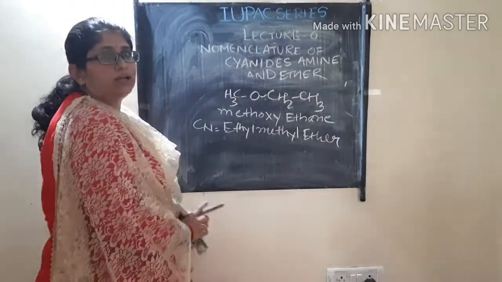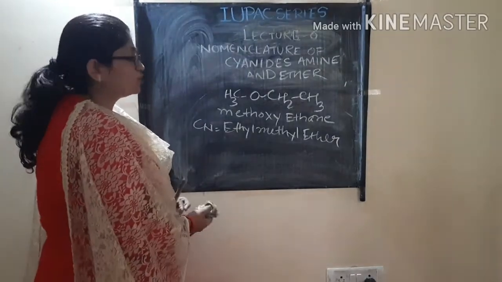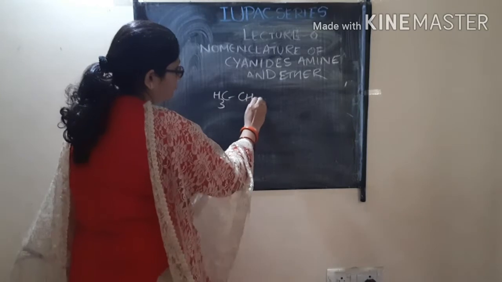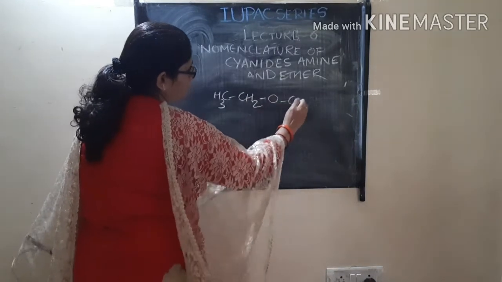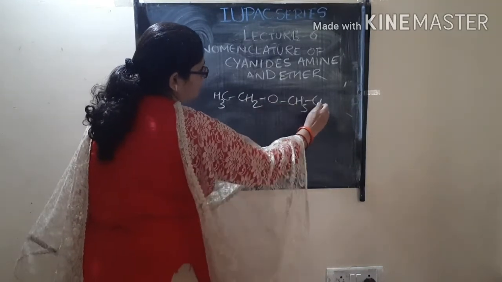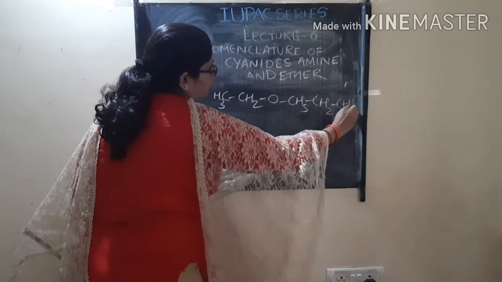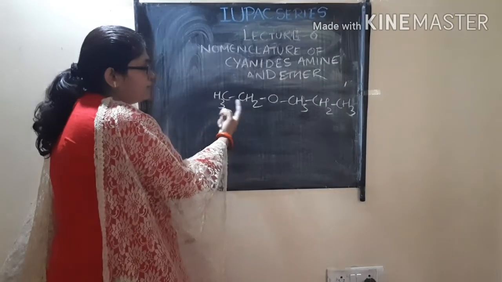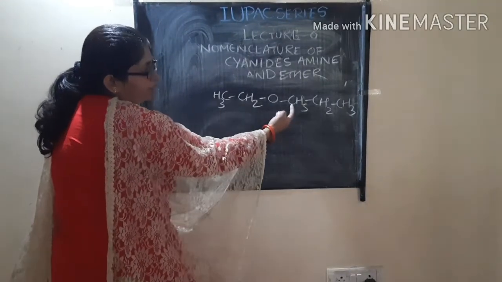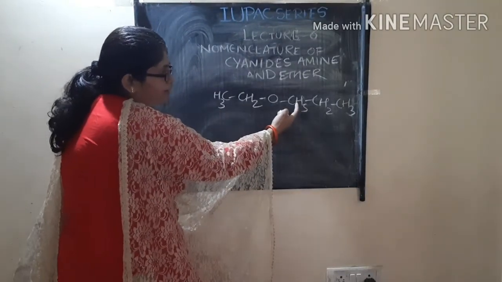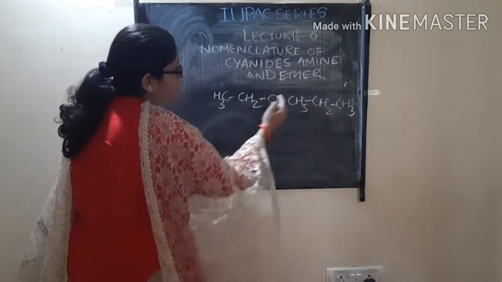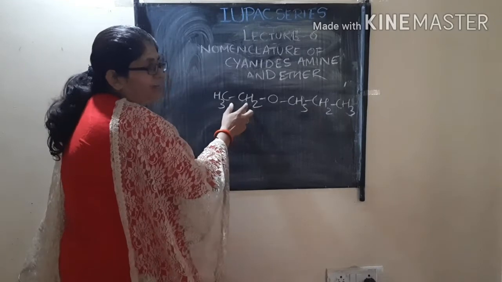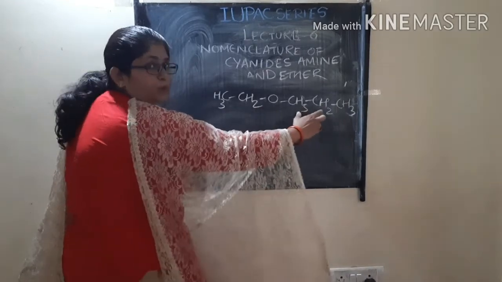Understood, students? Let us take some examples so that it's more clear to you. Now look here. How many carbon atoms this side? 1, 2. How many carbon atoms there? 1, 2, 3. So here you have 2, here you have 3. 2 we will write ethane, 3 propane.